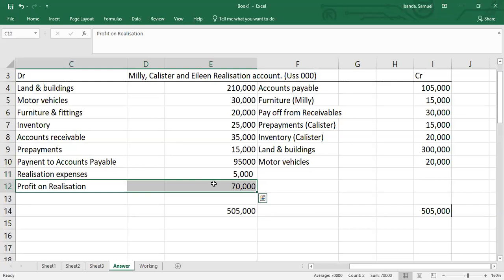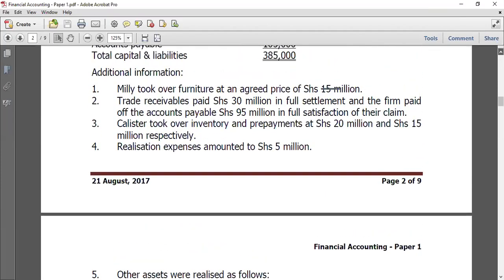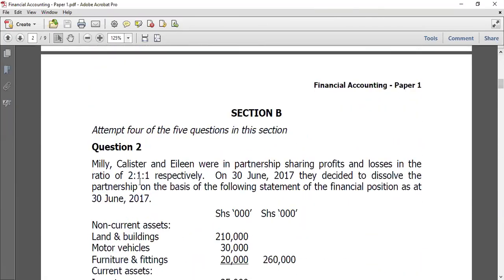And this profit on realization has to be transferred to the capital account. But since we have different partners, this profit on realization has to be shared across the respective partners. So we look and see what the profit share was.